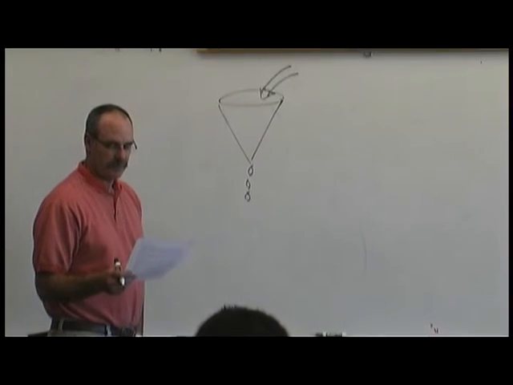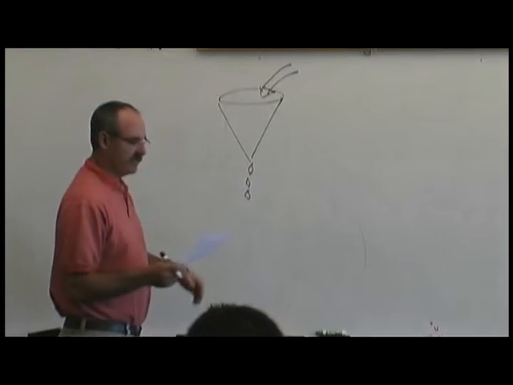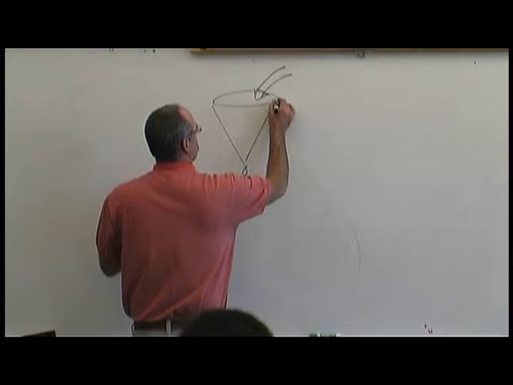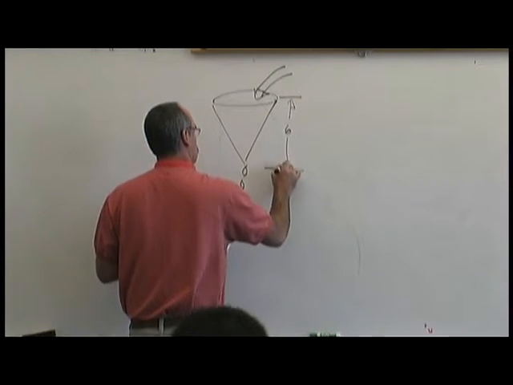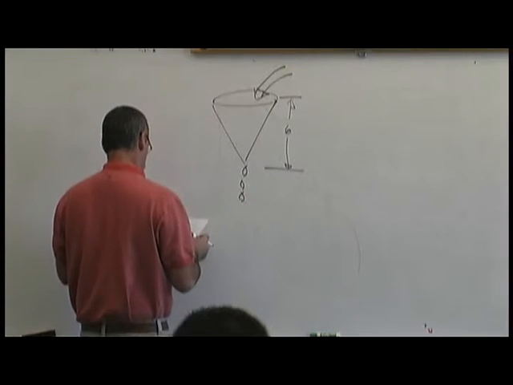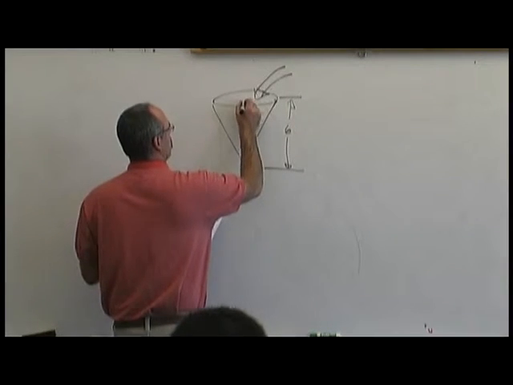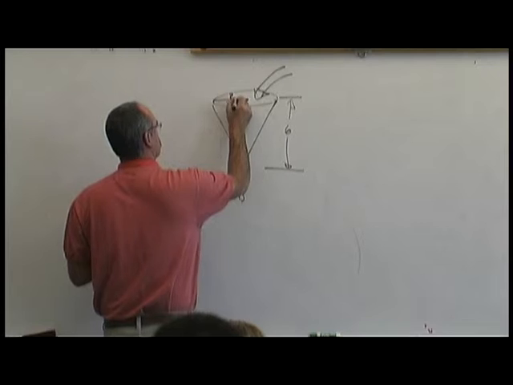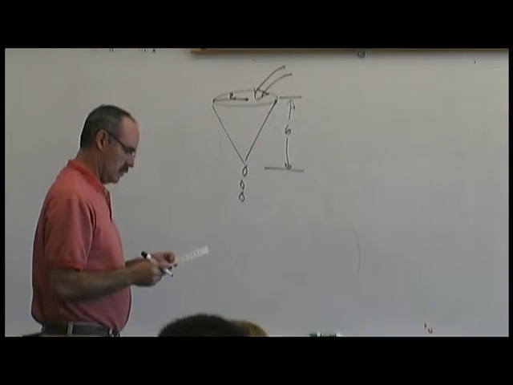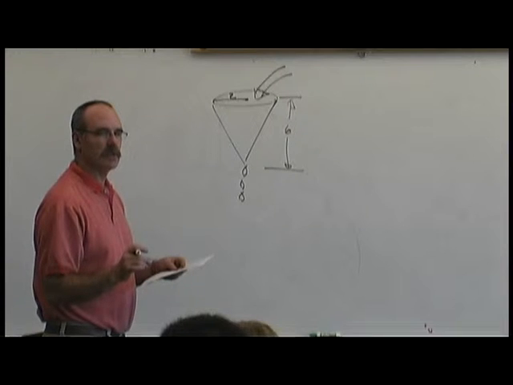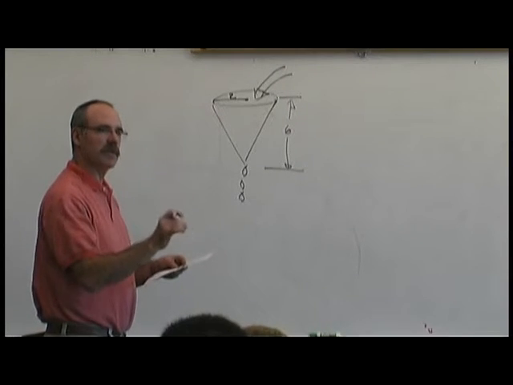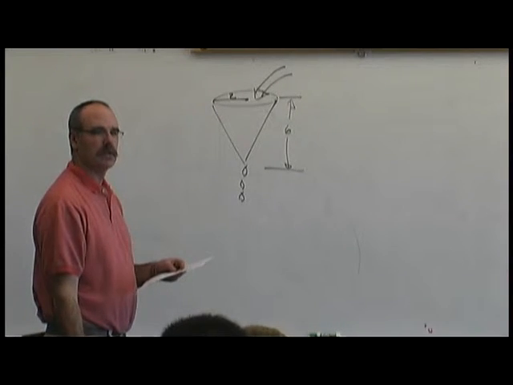So, the tank has a height of 6 meters and a diameter of 4, so we'll call the radius 2. If the water level is rising at 20 centimeters per minute, what is that? That's a rate.